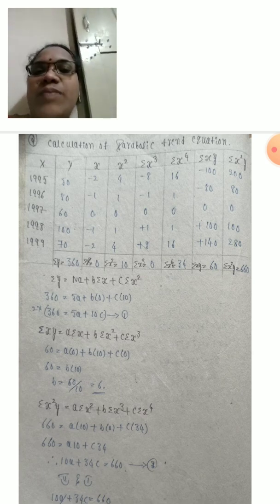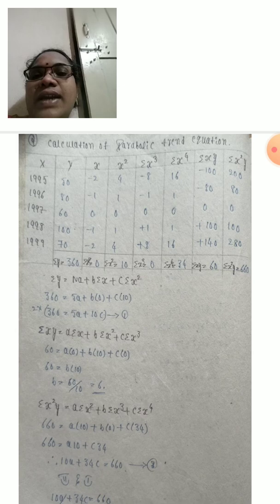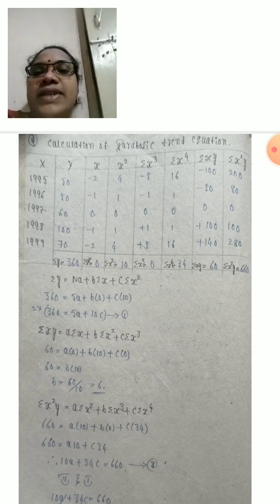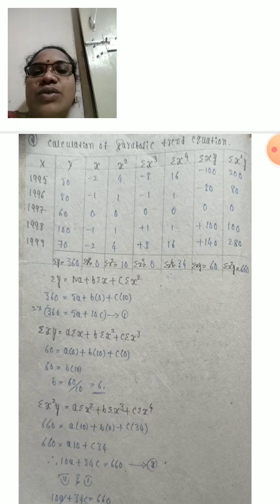The total of sigma y equals 360. Here an odd number of years are given, so x is -2, -1, 0, +1, +2. The total is 0. Next, x square: 2 2s are 4, 1 1 is 1, 0, 1 1 is 1, 2 2s are 4. Sigma x square is 10.